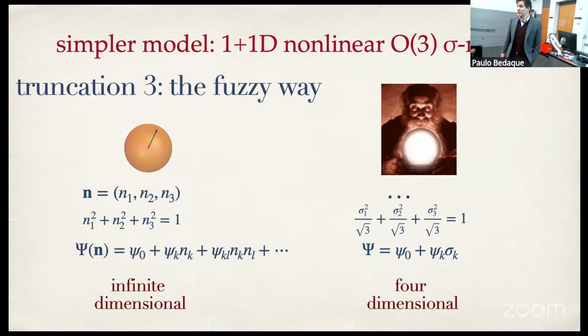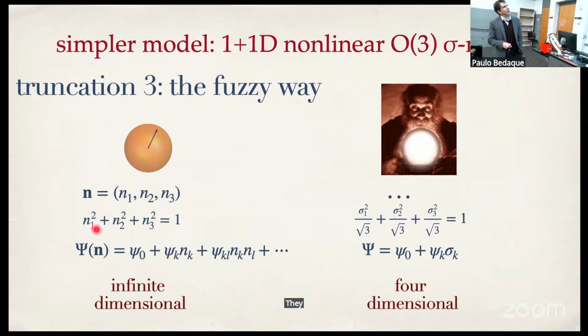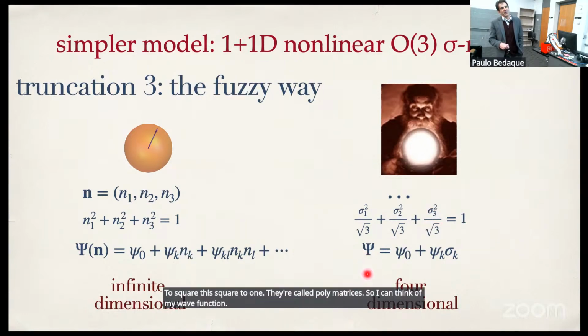Now, someone who was not me invented this weird mathematical construction, not thinking about this at all. It's a string theory thing. Okay? They thought like this. Well, you know, I know three things that square to 1. They're called Pauli matrices. So I can think of my wave function as a function of Pauli matrices.